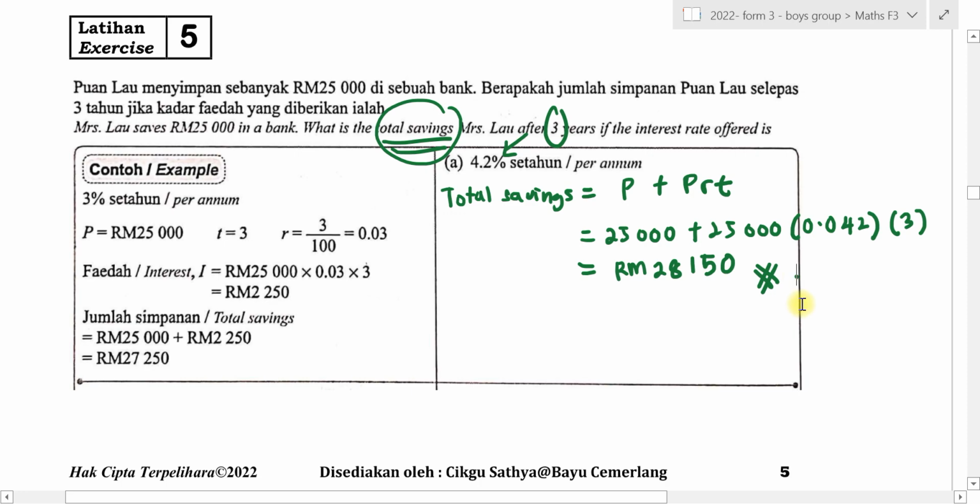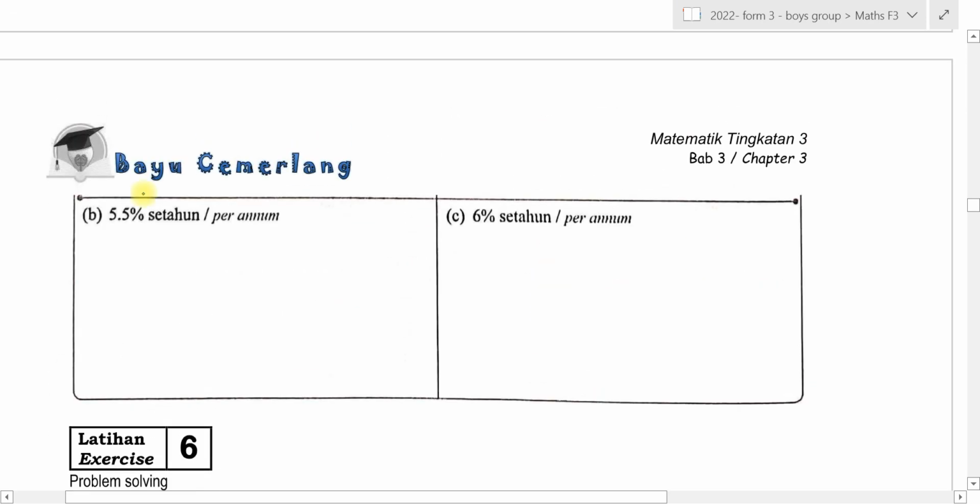Okay, right, same thing, just the interest rate now changes according to the question. Okay, total savings is equal to P plus PRT. Okay, Sharvin, the principal is 25,000, so we put 25,000 plus 25,000 and then change 5.5 to decimal. 0.055 is correct.